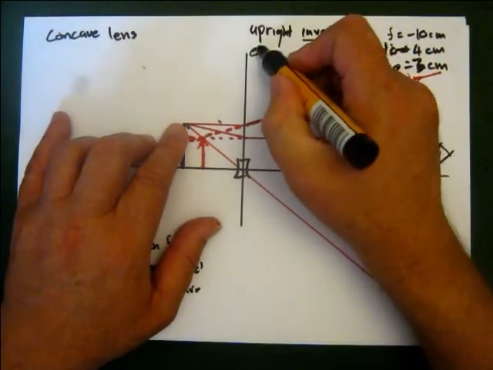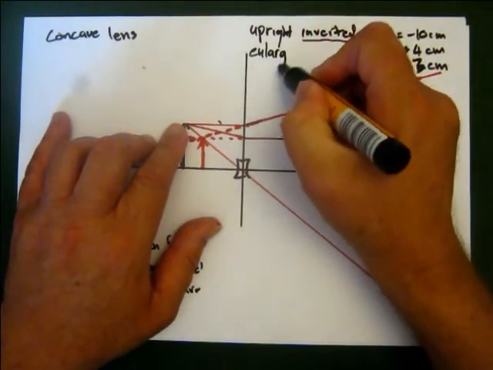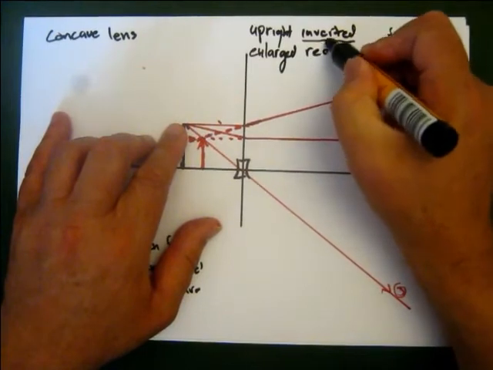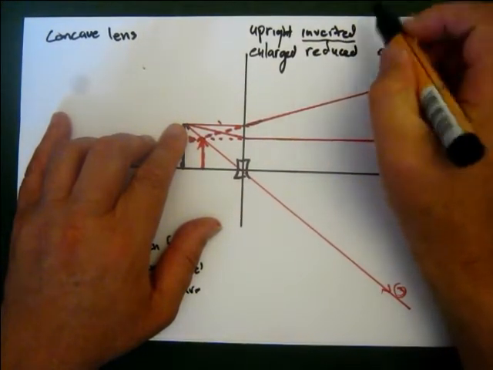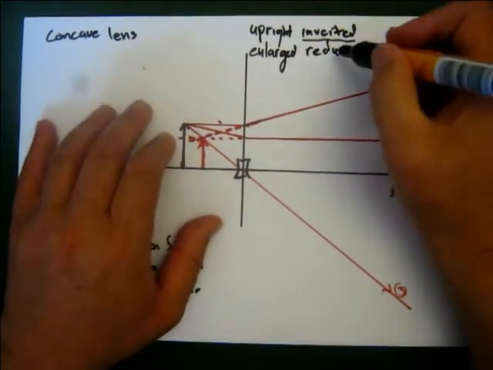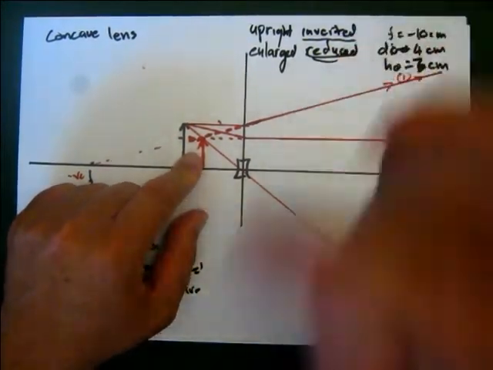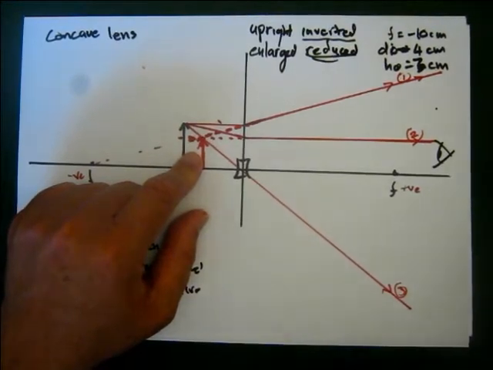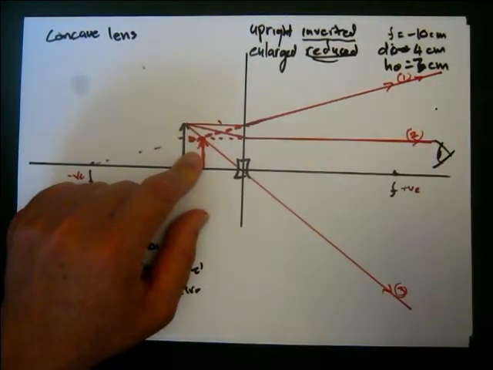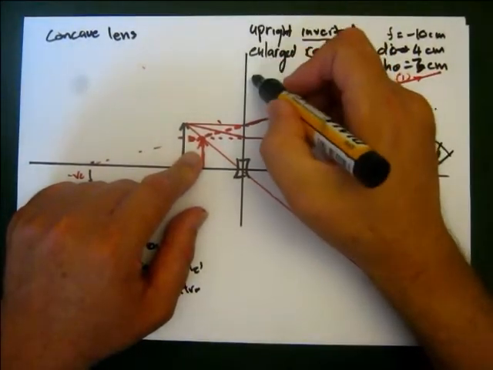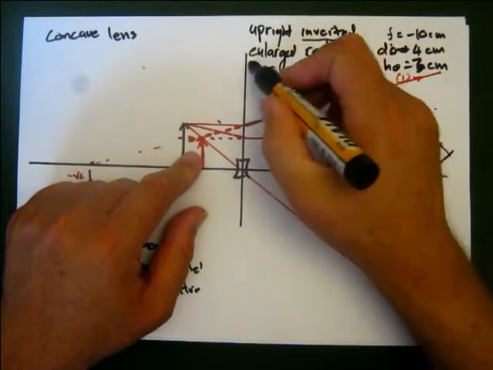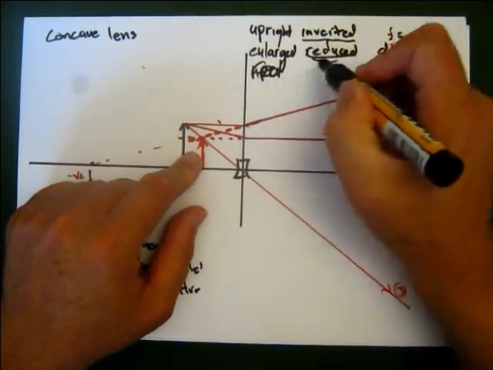Then we get enlarged or reduced. For a concave lens, the image is always going to be reduced. And unfortunately, if you're short-sighted and you wear glasses, your eyes will always look a little bit smaller because they're reduced. Damn it.